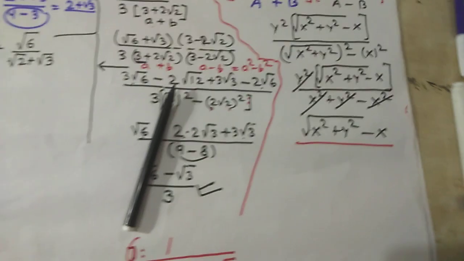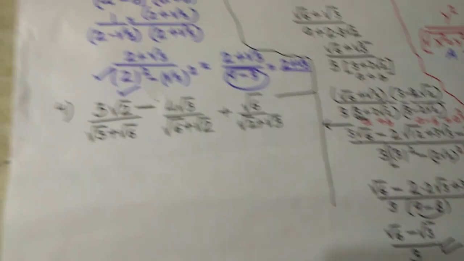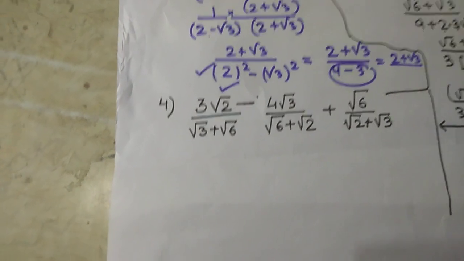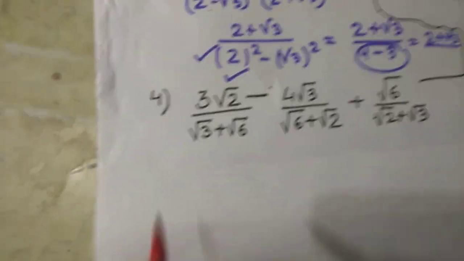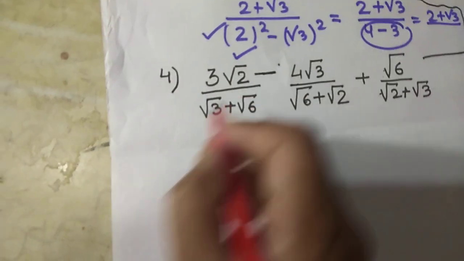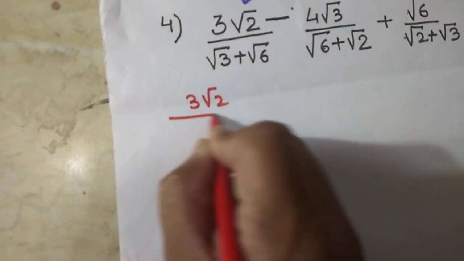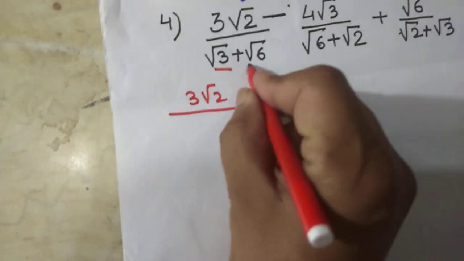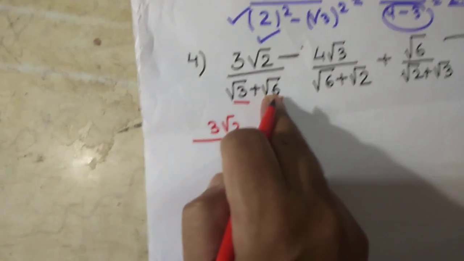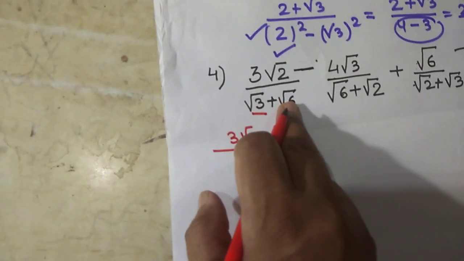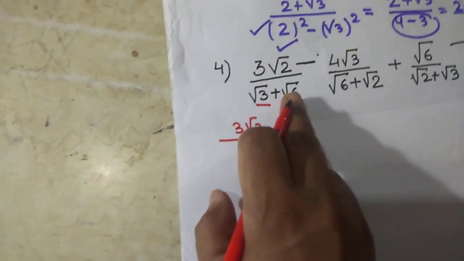Okay. Now moving toward the fourth question. How to simplify? Very simple. Now I will use a trick here. This is 3 root 2, root 3, root 6, a plus b, a minus b. So if a number's square root is going to be squared, it will be the same number.